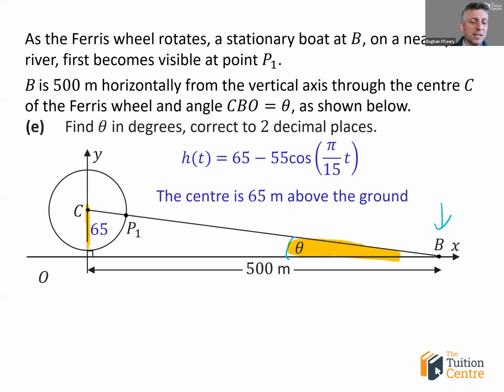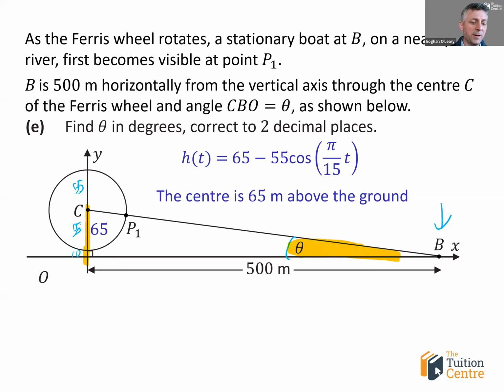So it's 65. If you remember, it was the 10 meters up to the platform, and then the 50, and then you're going another 55 meters up to the center point. And there was another 55 left up here to bring it up to 120.